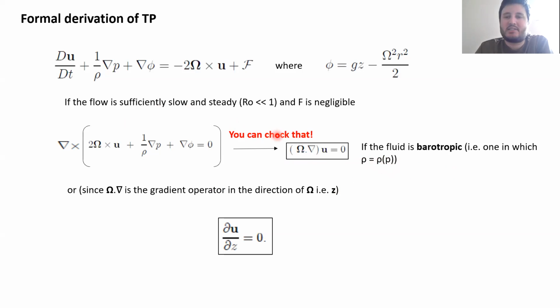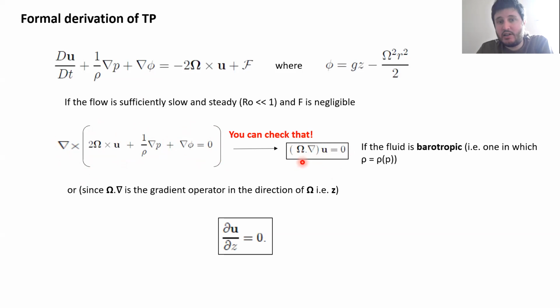I know that just following what I tell you, it's very difficult to see. So you should check that. You can just play a bit with it, and you will see that by assuming the geostrophic approximation is true, and by taking the rotational of this expression of the geostrophic approximation, we get this expression here.